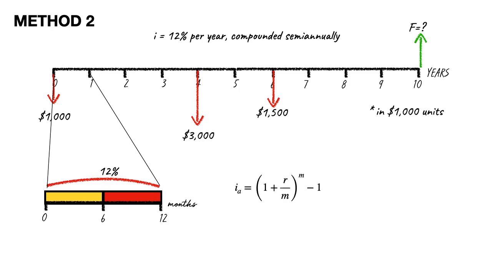Our R in this case is the nominal effective interest rate for the whole 1 year, which is 12% or 0.12. And then our M is how many compound period are in 1 year? Ada 2 compound period or ada 2 block. So our M is 2. So we substitute that value into our equation and we will get the effective interest rate for 1 year to be 12.36%.